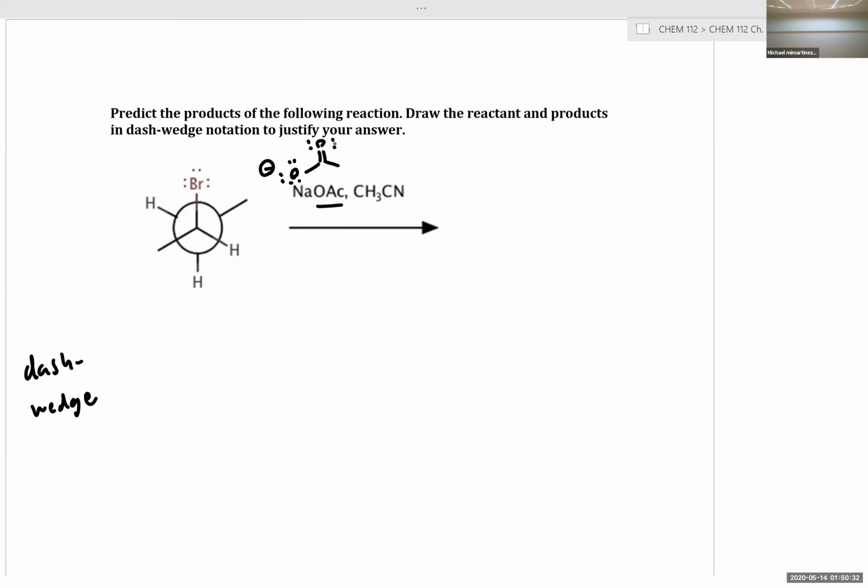And don't be shy to break out the annotate tool and draw the reactants and products in dash wedge and Newman form. If not, we'll discuss in about 3 minutes. And don't be shy to message me questions from this problem in the chat.